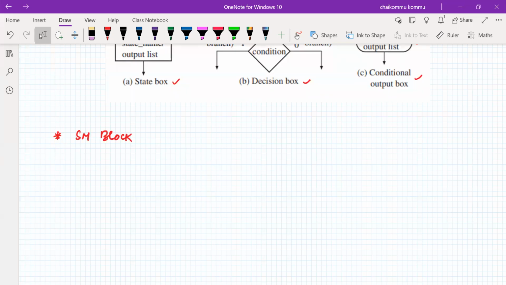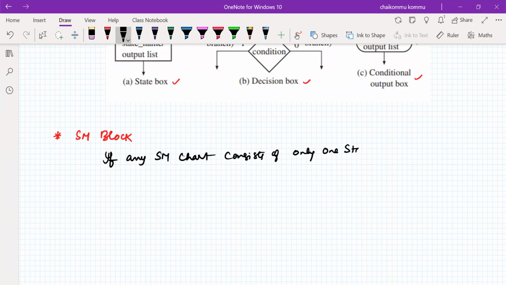But we should say that only one state box should be there. It's a very important point.